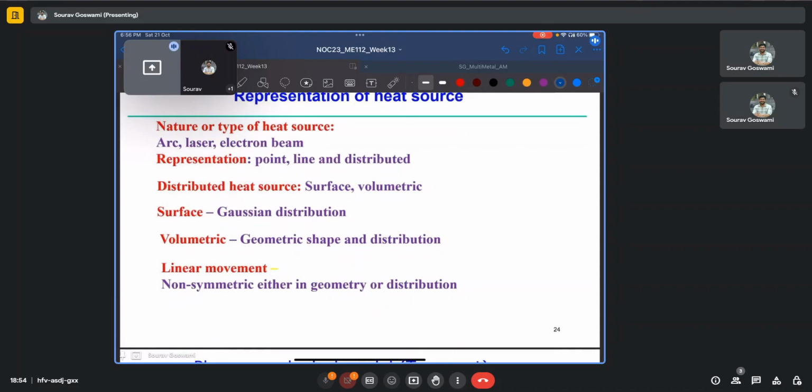In case of the volumetric heat sources, we need also the geometric shape along with the distribution, and the movement of the heat source or the relative motion between the substrate and the heat source may be non-symmetric in terms of the geometry or even in terms of the distribution if you are opting for a non-symmetric distribution of the energy.